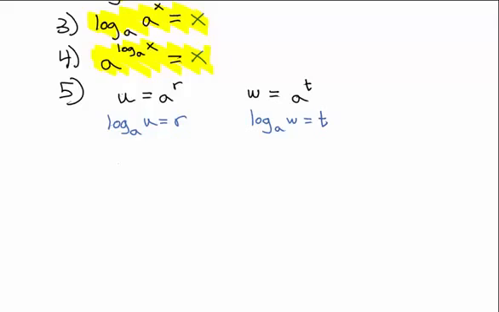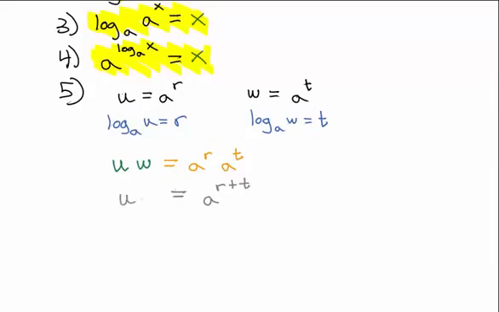So as we play, we're going to look at what happens when we multiply u times w. Now, u times w is essentially saying a to the r times a to the t. And what we know about exponents is we can add exponents r plus t together.